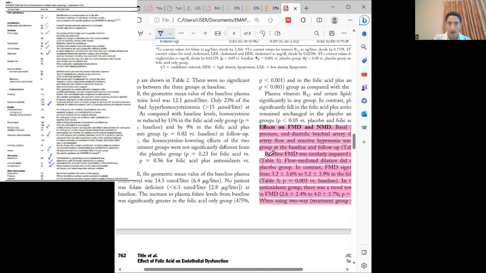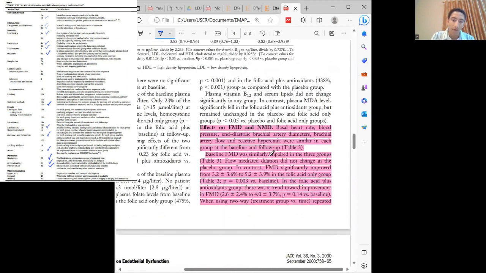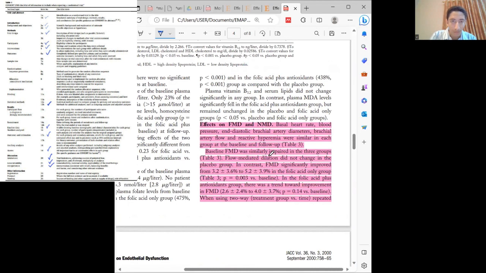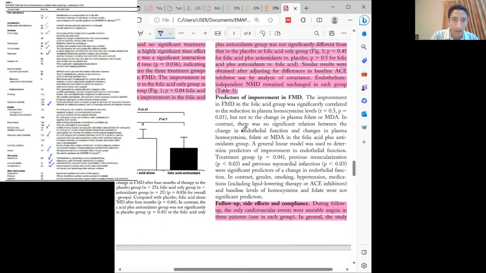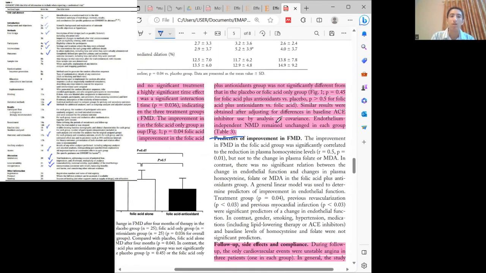Number 17a is the effect on the outcome. We can find this paragraph from this until the end of this one.